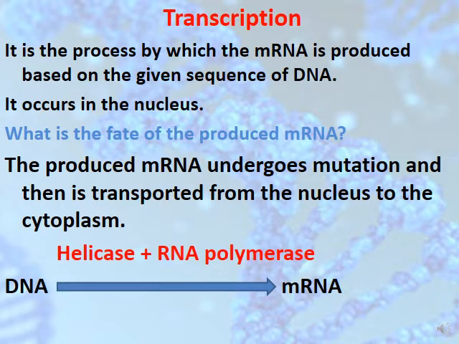The produced mRNA undergoes modification, and then it is transported from the nucleus to the cytoplasm. DNA gives mRNA with the help of two enzymes, helicase and RNA polymerase. We're going to talk about them in the coming slides. So transcription is the process where mRNA is produced from the given sequence of DNA.